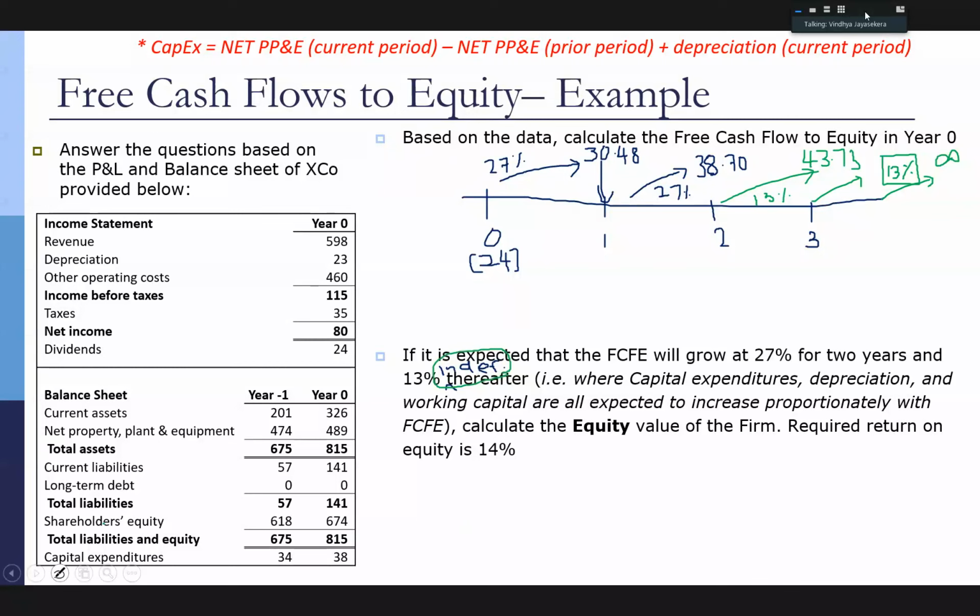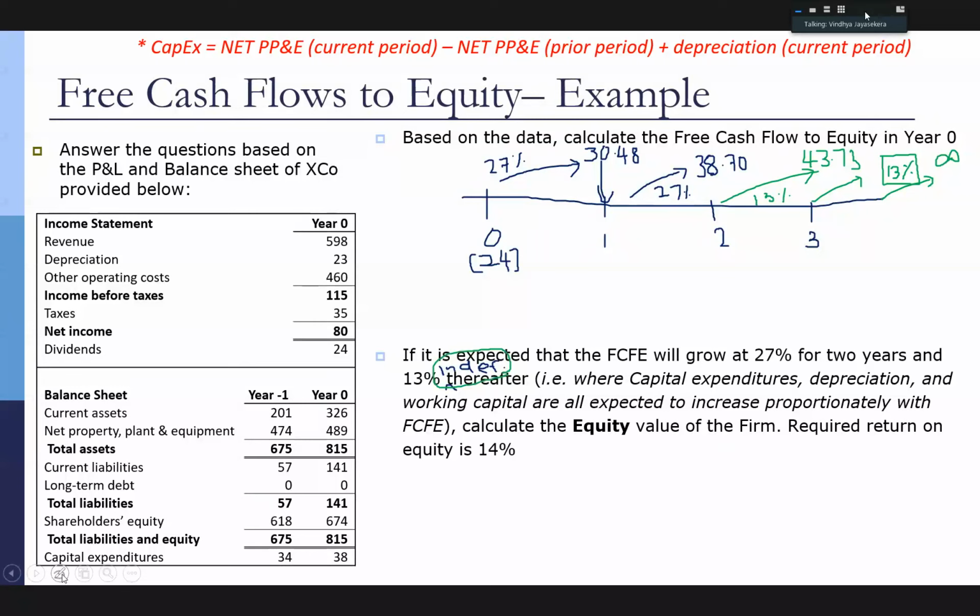Now, how do I find the value? What do I need to do next? I need to discount it to today's value. How do I do that? I discount it at what rate? ROE. Yes. ROE is 14%. So I take the first cash flow.